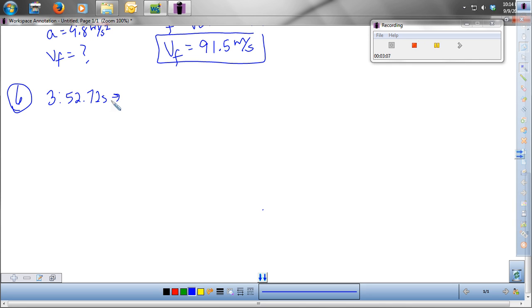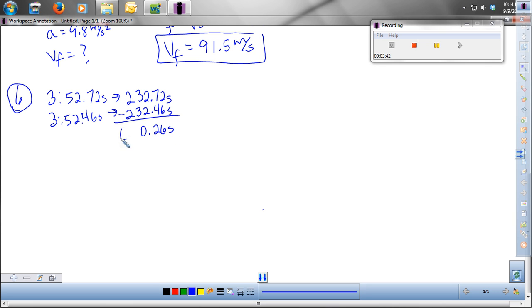So when I did that, I think that I got 232.72 seconds for the other runner. I got 232.46. So the faster runner was ahead by 0.26 seconds.